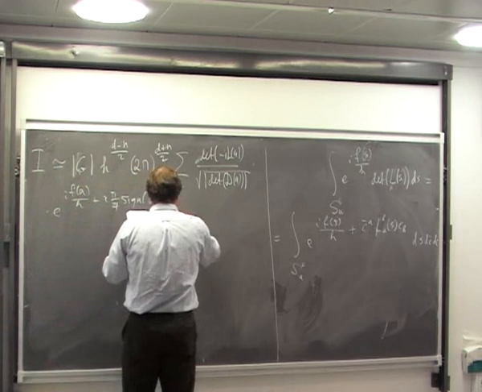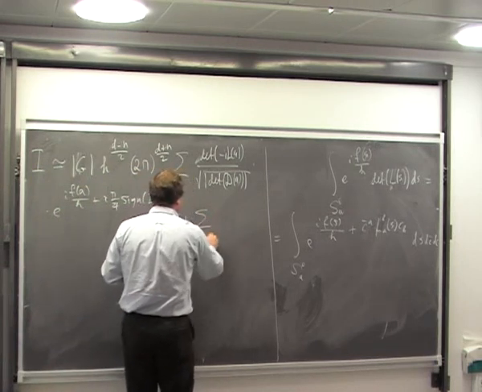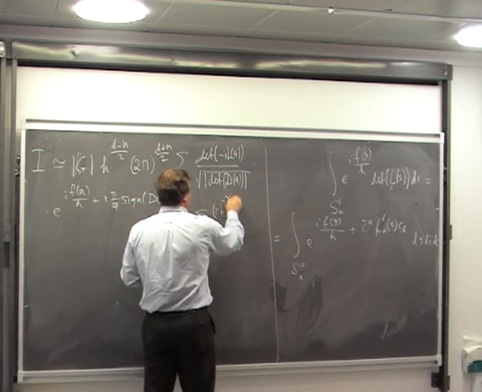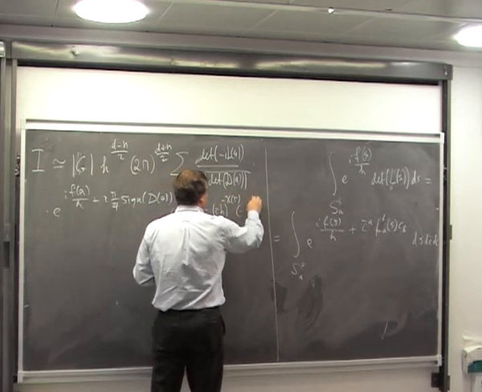So 1 plus sum, and then the same thing, fermionic Feynman diagrams.